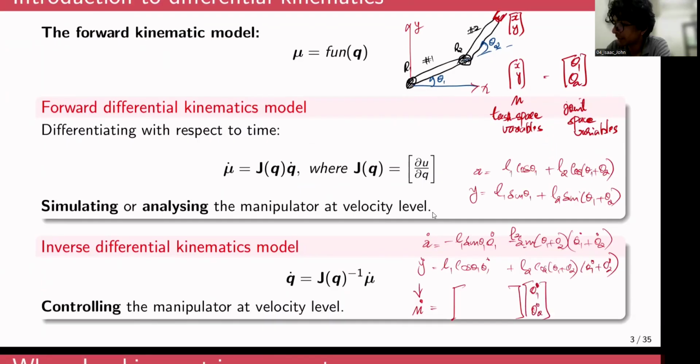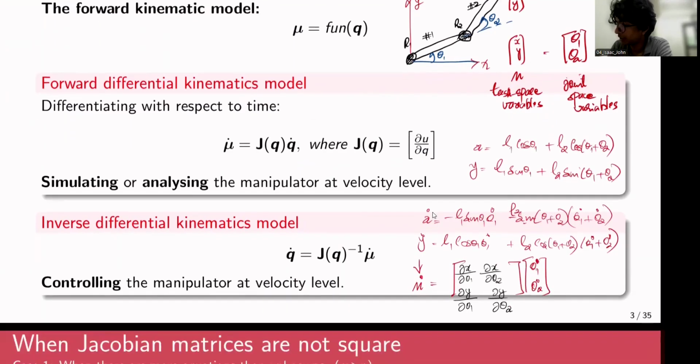The components of this matrix would be dou x by dou theta1, dou x by dou theta2 in the first row, and dou y by dou theta1, dou y by dou theta2 in the second row. I hope this makes sense.